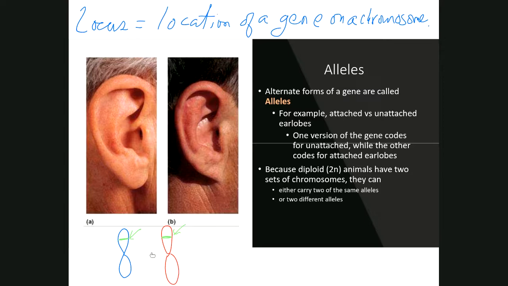So they don't always have to be different. You can even have, in some cases, that particular gene missing, so you don't have an allele for that. For example, the ABO blood group. O blood type means you don't have the A or B alleles.